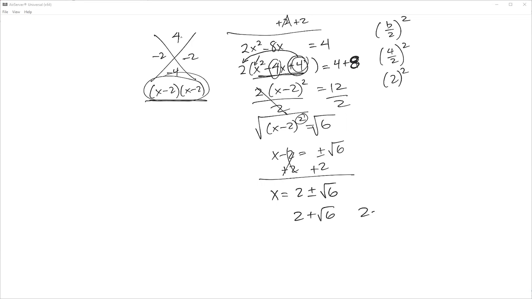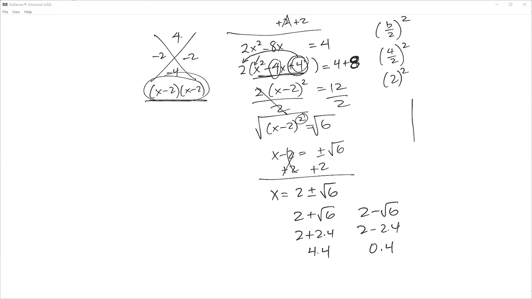So now when you graph this, radical 6 is 2.4 if you put it on the calculator. So if you add 2 plus 2.4, it'll be 4.4. You add 2 subtracted by 2.4 is negative 0.4.